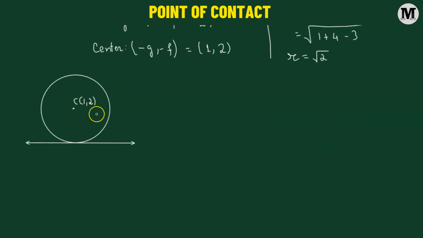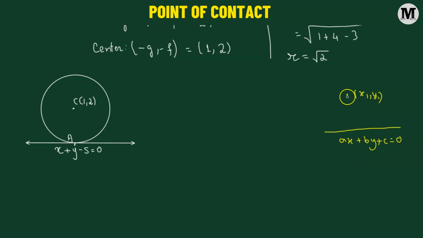So we have the circle which is centered at (1, 2). We have to show that the line with equation x plus y minus 5 equals 0 is tangent to the circle. So we'll suppose that it is tangent at point A. Now how do we show that? To show that it is tangent to the circle at point A, we're going to use a formula. Let's say we have a point with coordinates x1, y1, and another straight line with the equation ax plus by plus c equals 0.